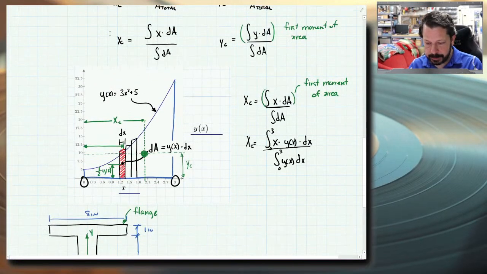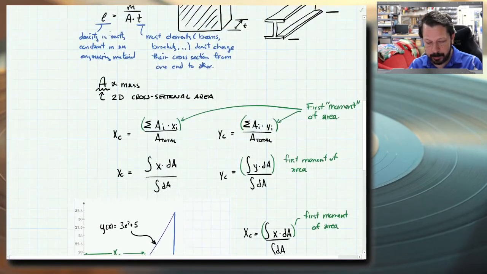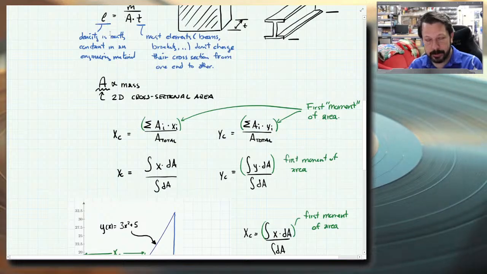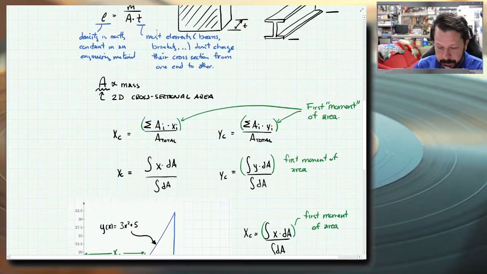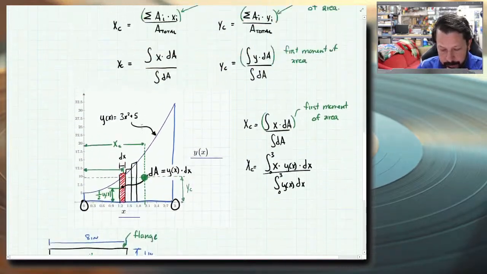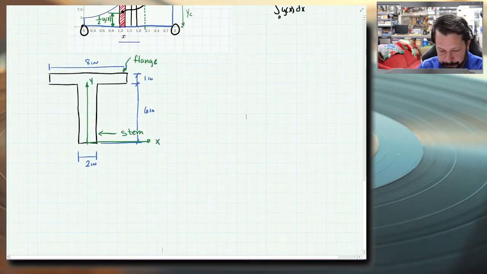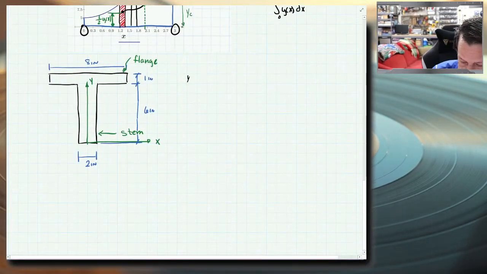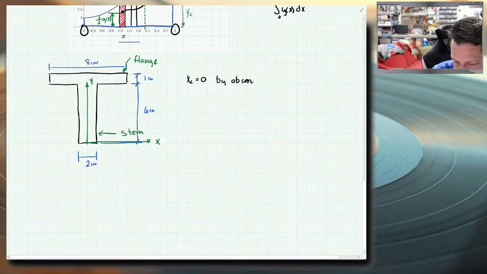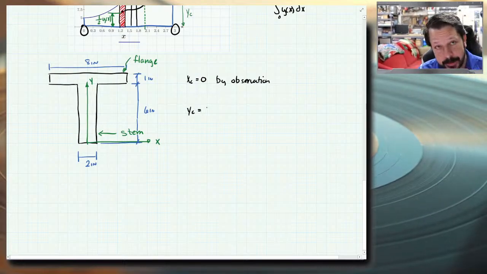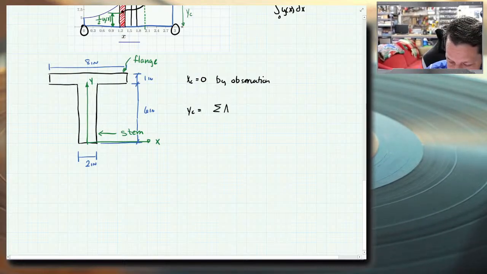But instead of using the integral form, now I'm going to go back to the discrete form with the summations. X sub c I did by observation, so I don't need it. Let's do y sub c. So x sub c equals 0 by observation. Y sub c equals, instead of doing calculus, the summation of ai times yi over the total area.